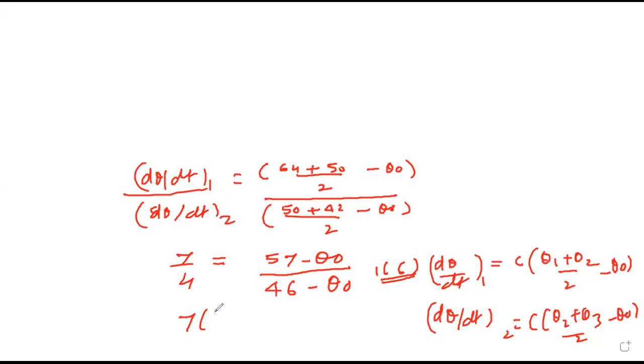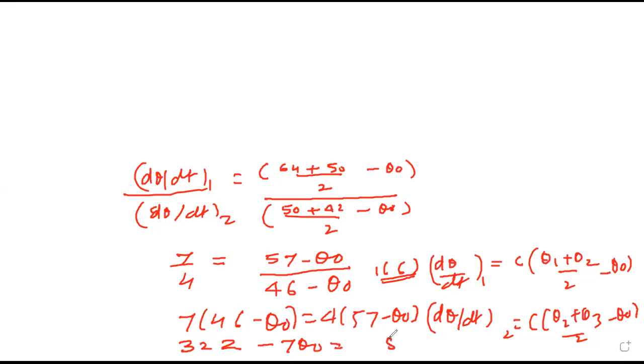Now 7 into 46 minus theta 0 is 4 into 57 minus theta 0. 7 6s are 42, carry 4, 28 and 4 is 32. Minus 7 times theta 0. 4 into 7 is 28, carry 2. 4 5s are 20, so 22.